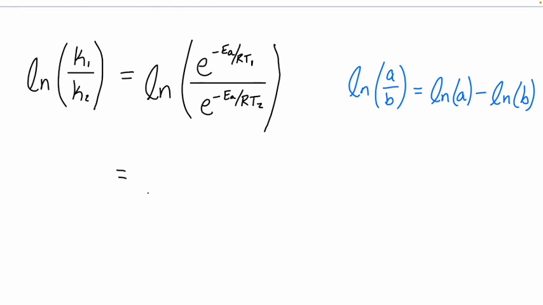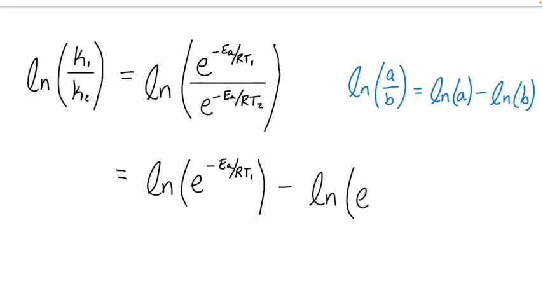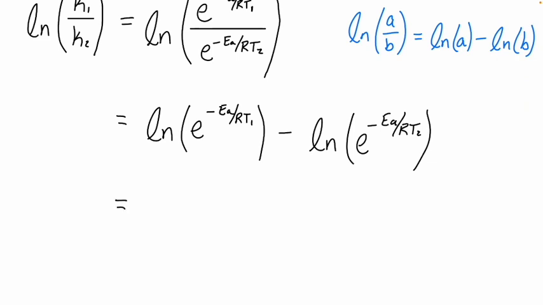So this becomes the natural log of my numerator, e to the negative EA over RT1, minus the natural log of my denominator. And this is great because, again, logs and e are inverse from one another, so this just effectively cancels out that e.